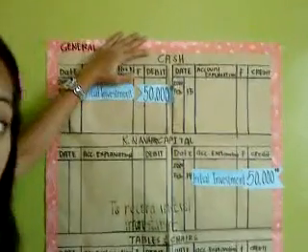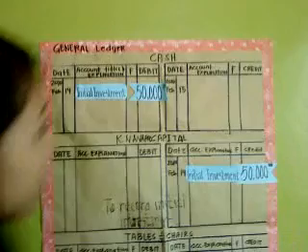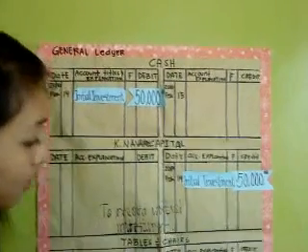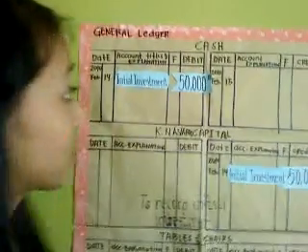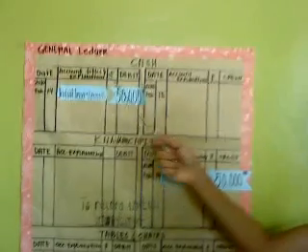This left side is only for the debit, and then the right side is for the credit. So remember that the debit is always on the left side and the credit is always on the right side. So let's come first to the cash of the debit.